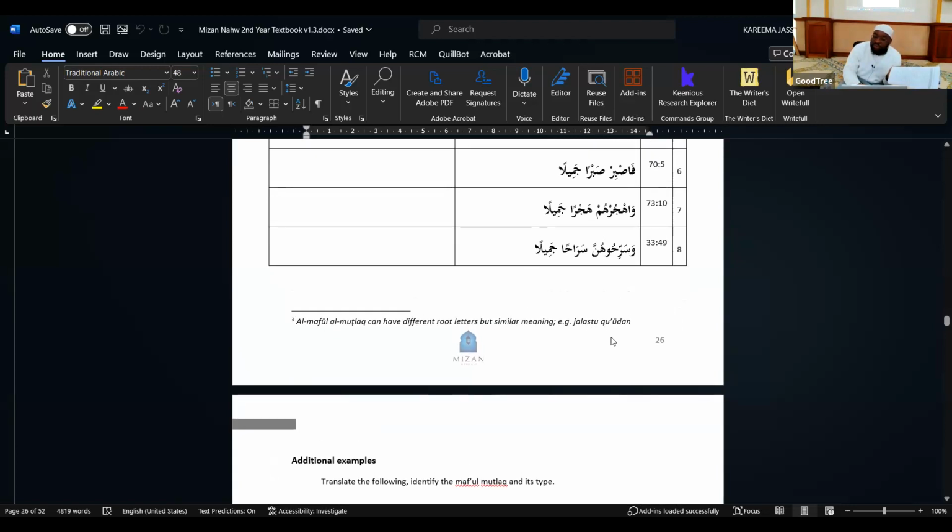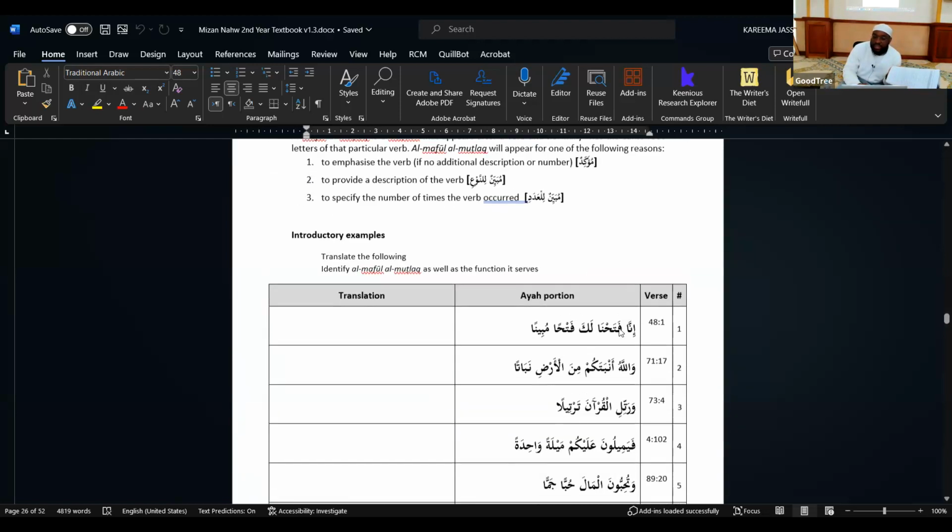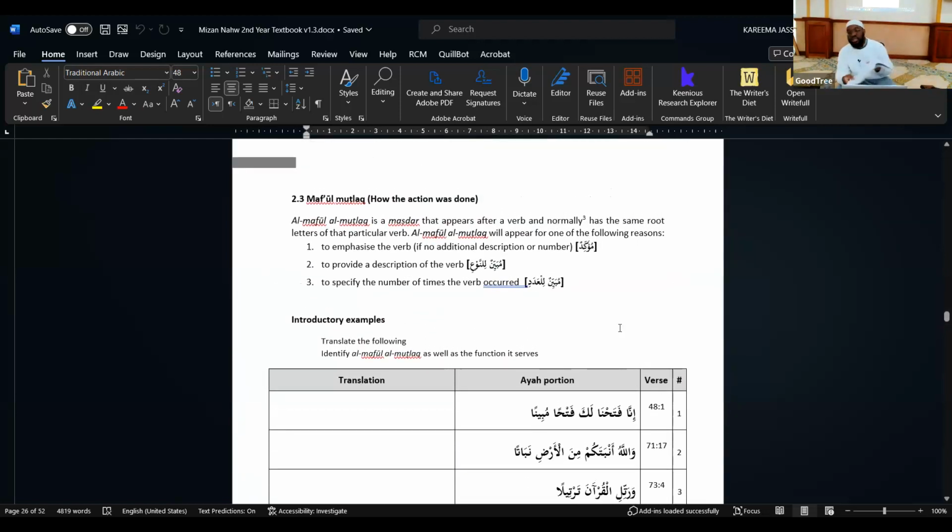جلست قعودا. I sat a sitting. So the word jalasa means to sit. The word qa'ada also means to sit. So the maf'ul mutlaq is when you have a verb used, then after that verb you mention the masdar of that verb, right?